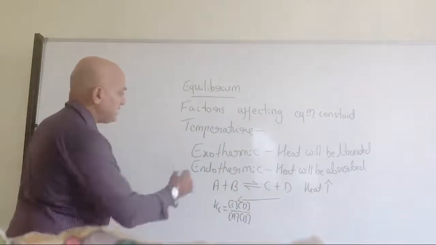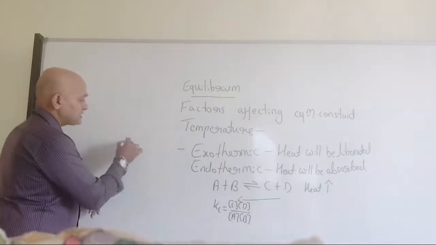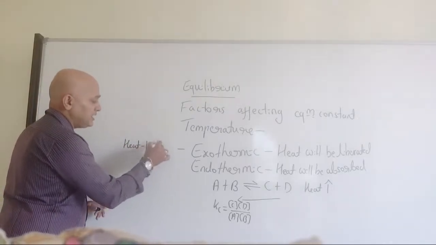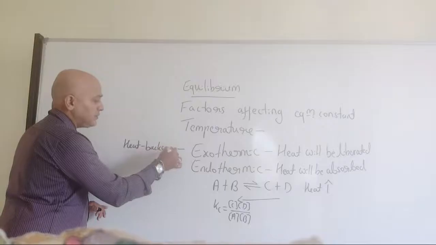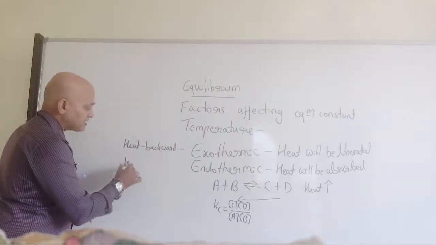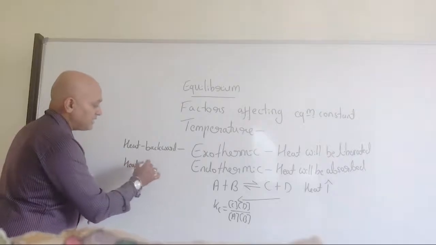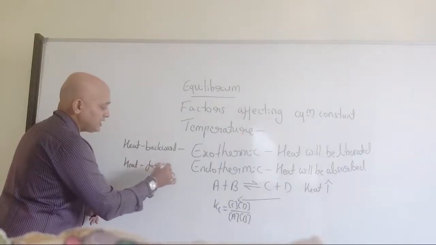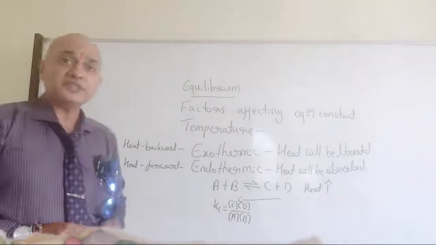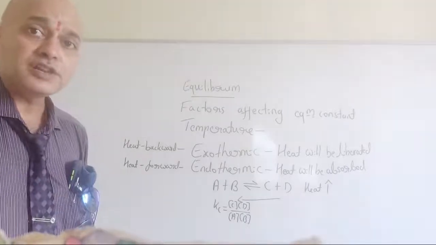So I can make a statement: if I supply heat for an exothermic reaction, it will shift towards the backward direction. At the same time, if I supply heat for an endothermic reaction, it will shift towards the forward reaction. You should remember this.